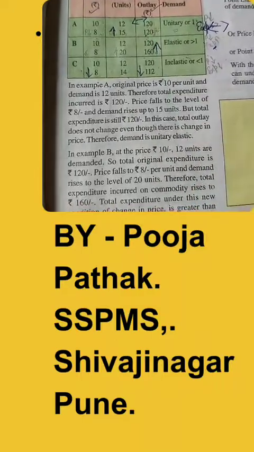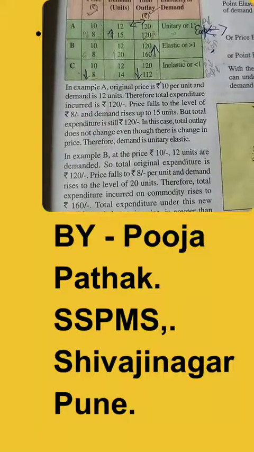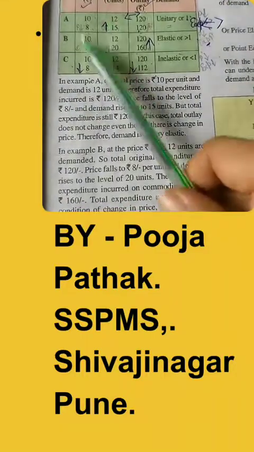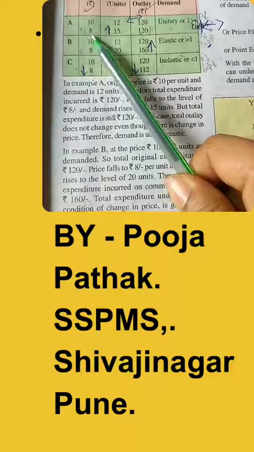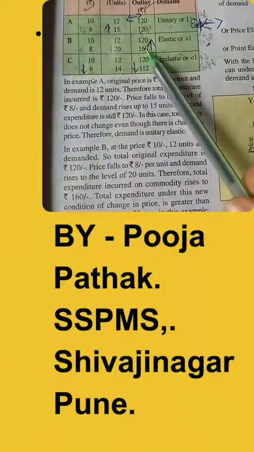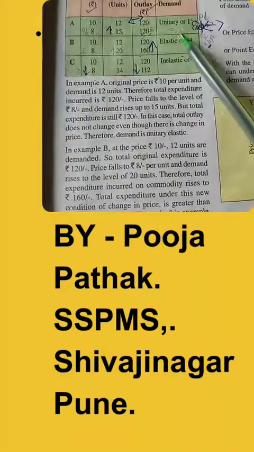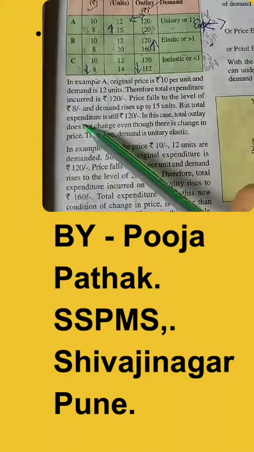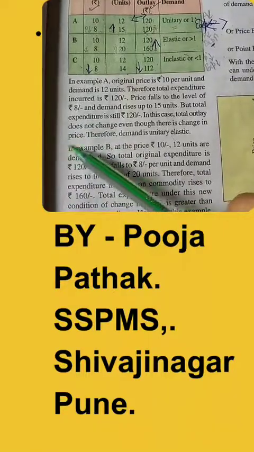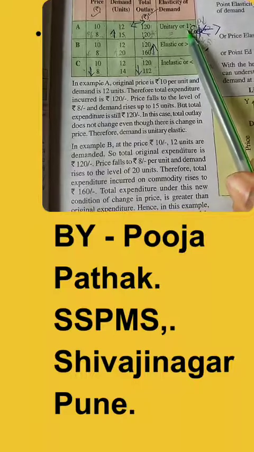Price falls to 8 and demand rises to 15. Total expenditure is still 120. In this case, total outlay does not change even though there is a change in the price. Therefore, demand is unitary elastic, which we have already seen.